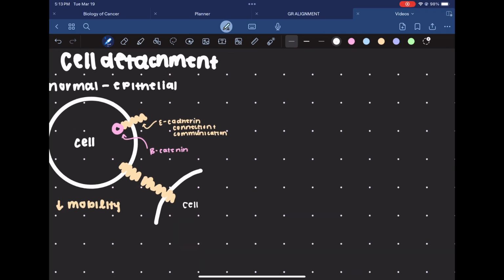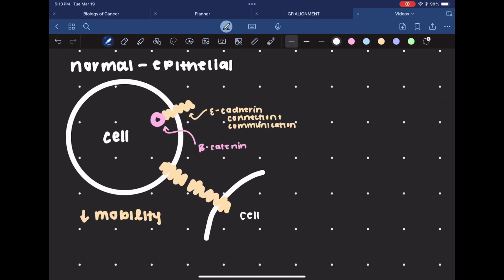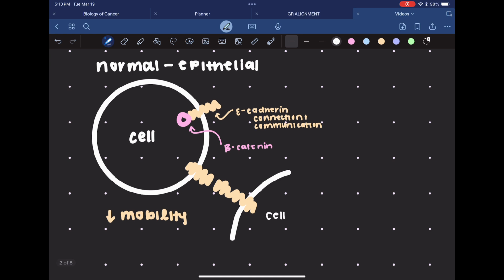So these two cells would be able to interact using these E-cadherin molecules right here. Right, so that's our example of what we're looking at in terms of E-cadherin. And there would also be some signals that could be sent either direction via this connection.